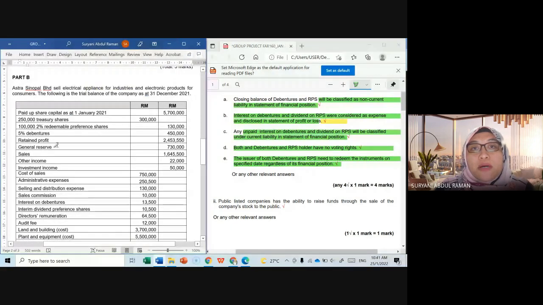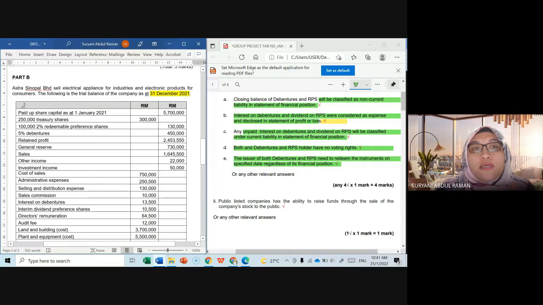Okay, this is about the computation section. You are given the list of closing balances of Astra Sinopal Berhad. This company is selling electrical appliances for industries and products for consumers. These are the trial balance as at 31st December 2021, the closing period of these transactions.